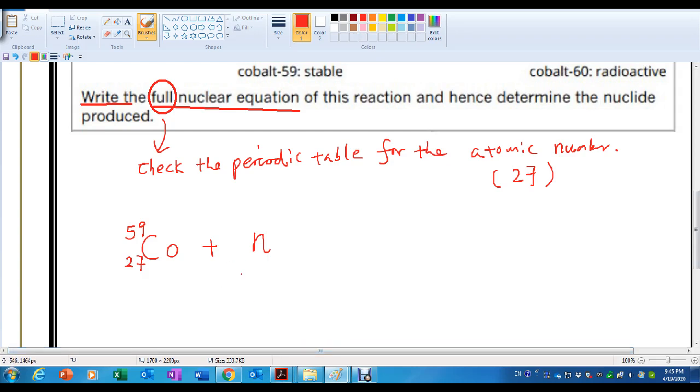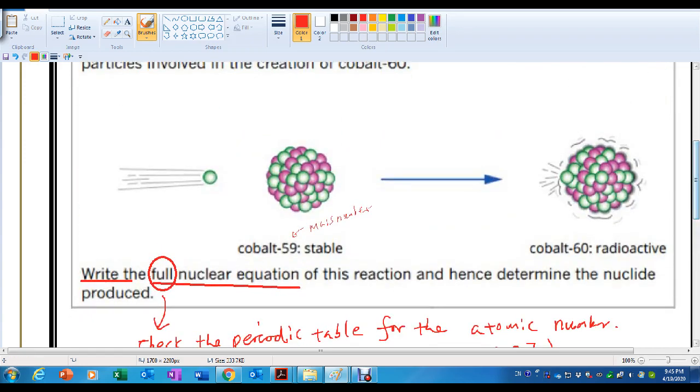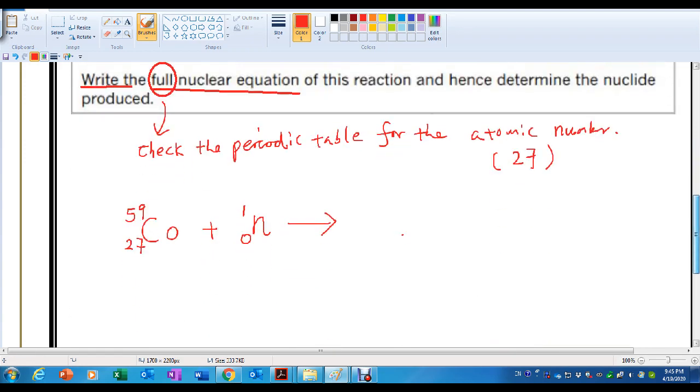So these two are reactants. Do you still remember the atomic symbol for a neutron? Remember, for a neutron the atomic number should be 0 because there's no proton in a neutron. And of course, it has mass number one because it's a neutron. Then what does it become? It becomes cobalt-60.